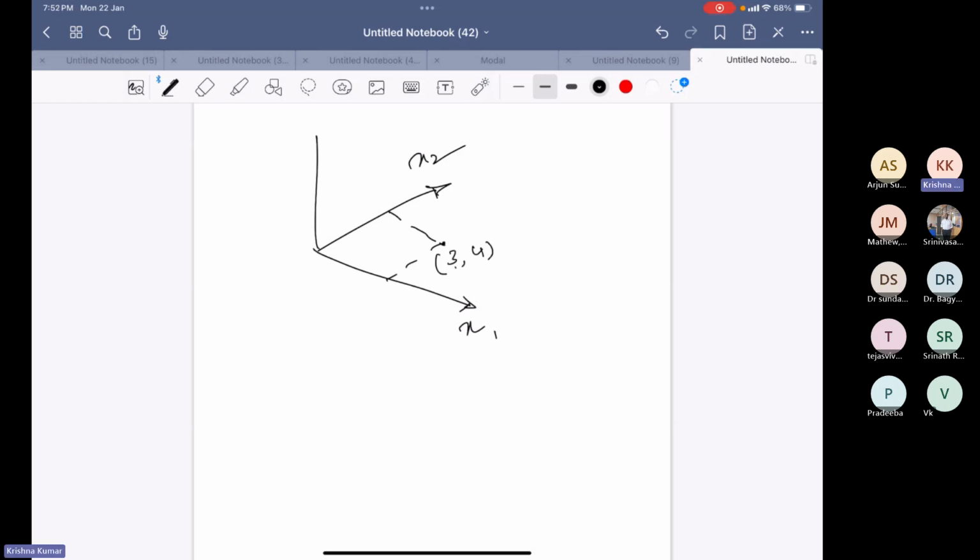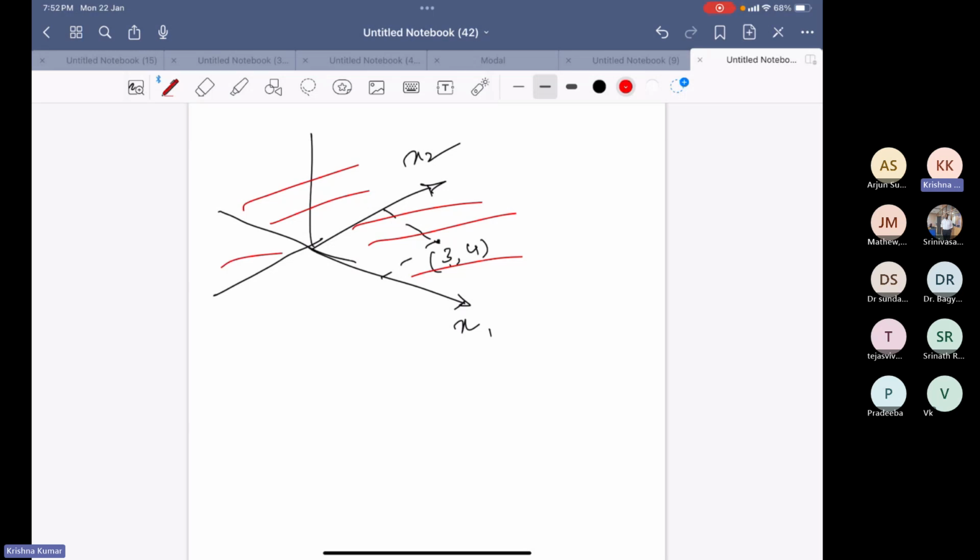Now 3, 4 is a point in that region. I can as well go to minus x2 and minus x1, which means that I can cover the entire range.